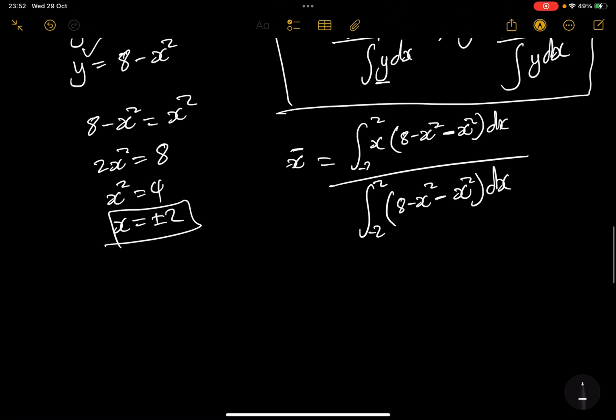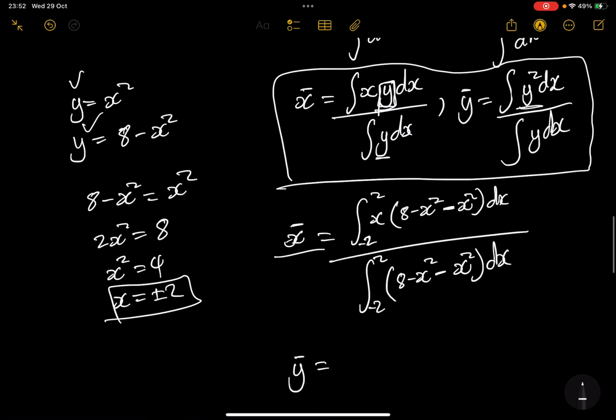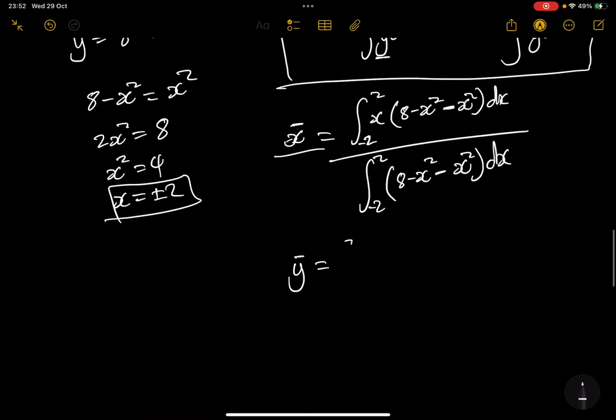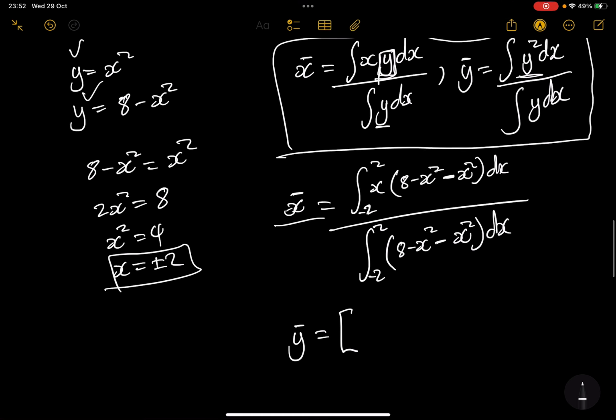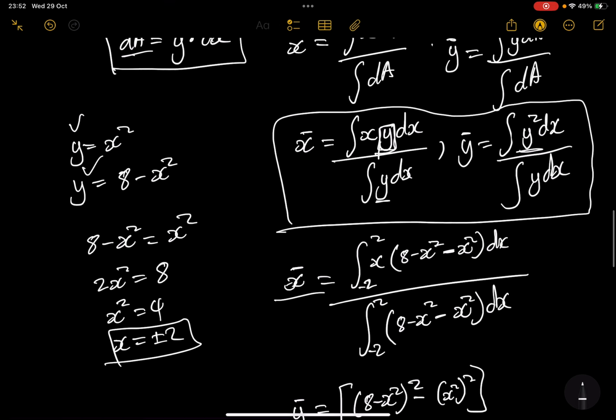By this way, you're going to find your x coordinate, and your y coordinate is going to be y squared. So we have y squared here, so it's going to be the square of the upper graph, which is 8 minus x squared, minus 8 squared, right?